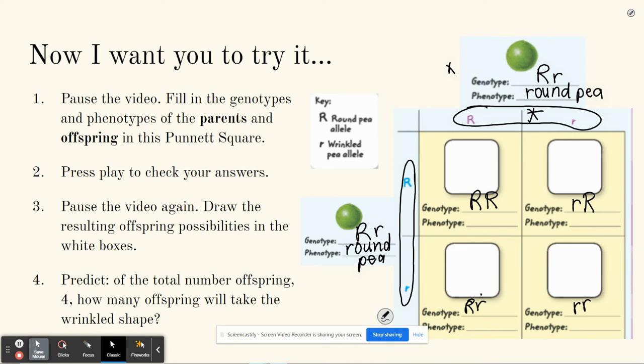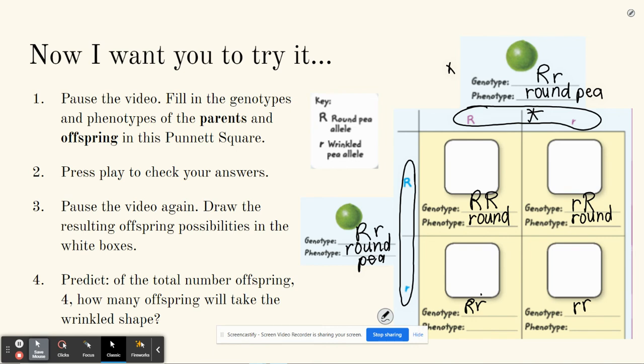And now we can look at the phenotypes. For the phenotypes, I have 2 big R's, so you should have said, once again, this was going to be round. We only have dominant alleles. Here I have a little r and a big R, but if I have a big R present, it's always going to be whatever that dominant allele is. So once again, we're still looking at a round pea here.